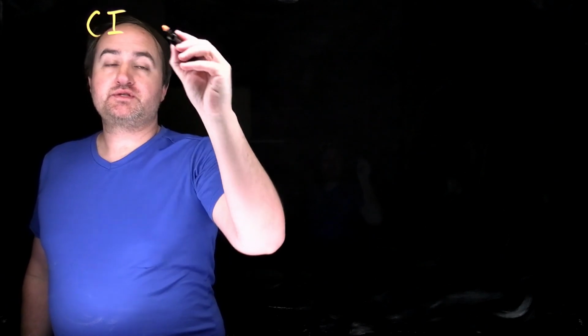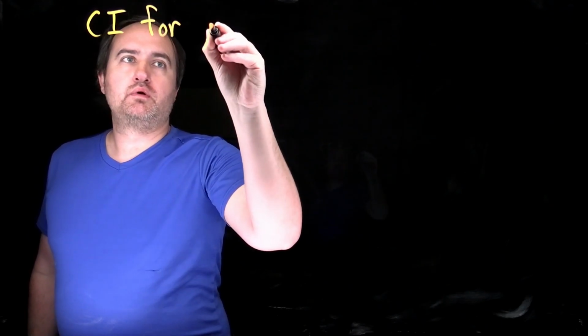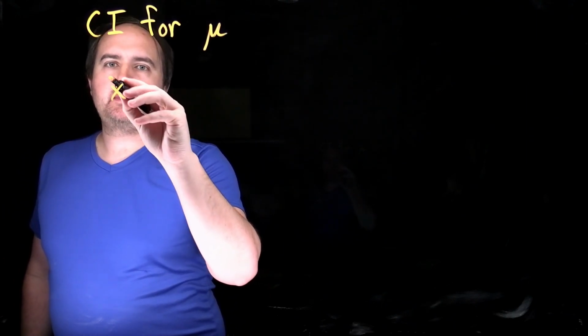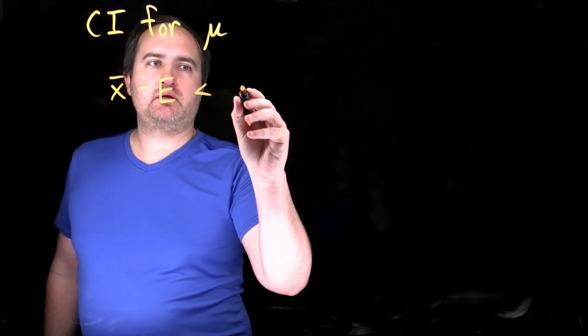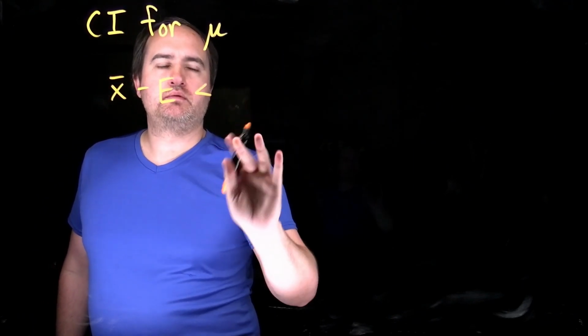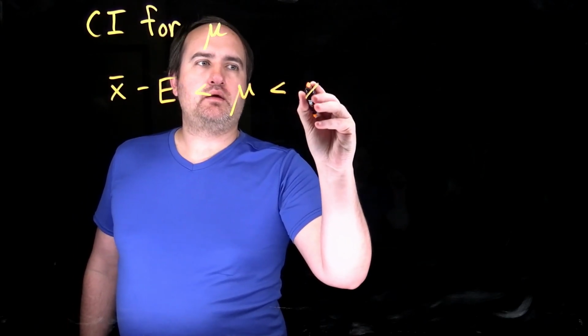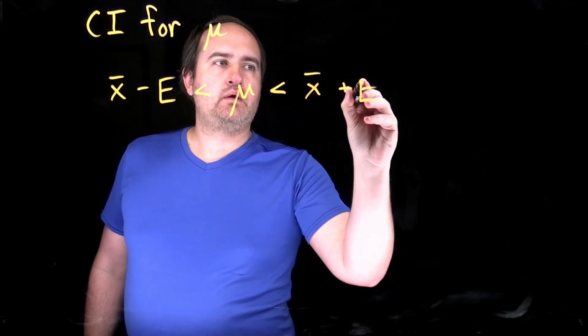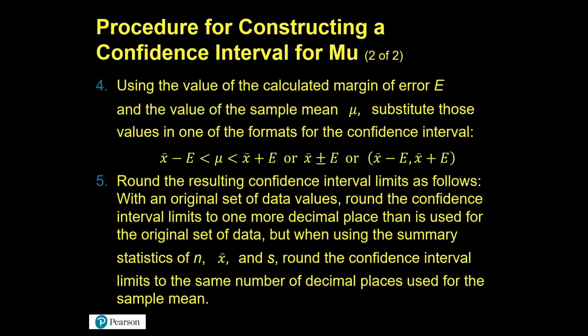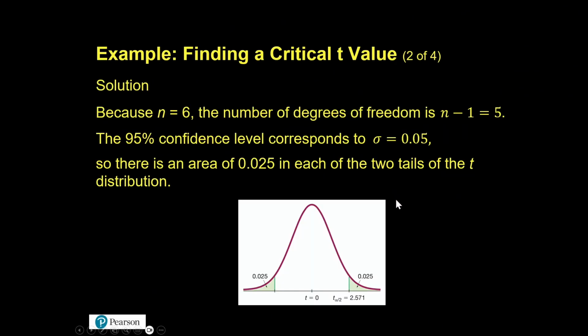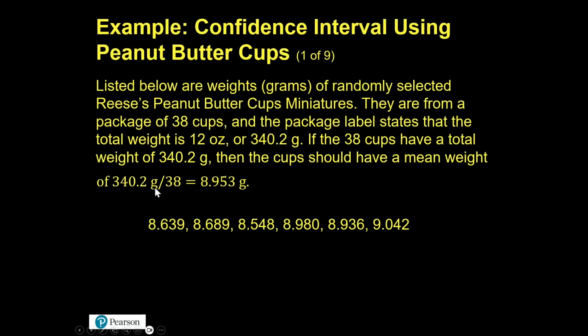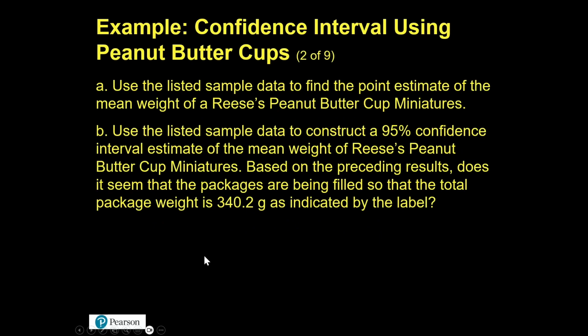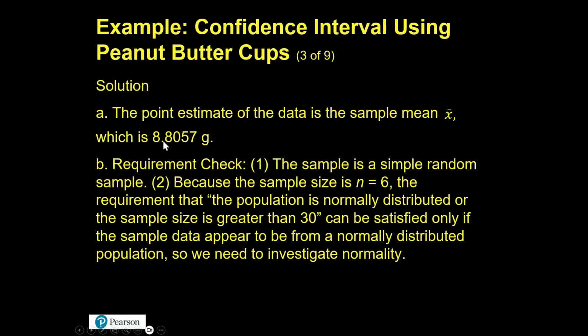So this is for a confidence interval for mu, where sigma is unknown. The formula is x bar minus E is less than mu, which is what we're estimating, which is less than x bar plus E. And we said that x bar was 8.8057.